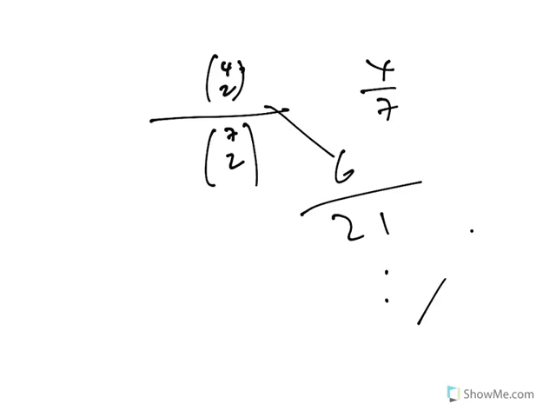So it's just 2 over 7. It's the same as 4 over 7 times 3 over 6. Correct?